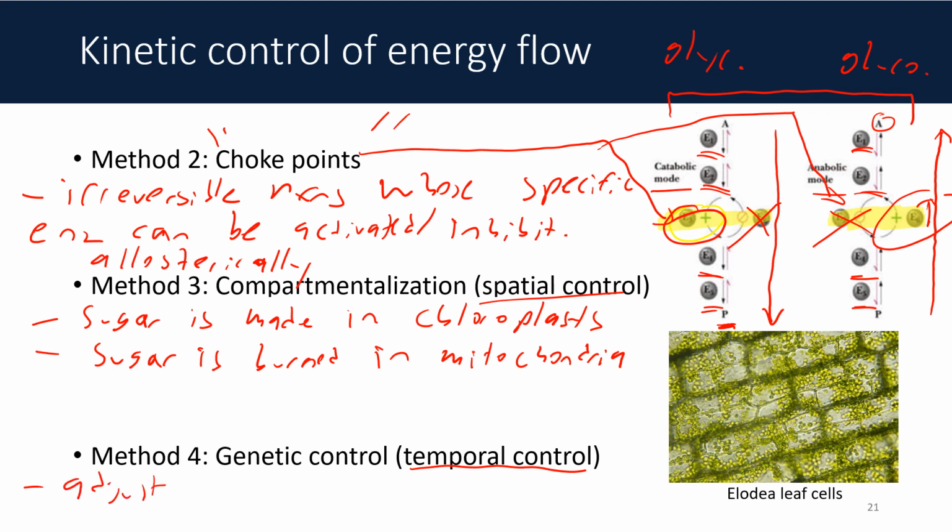Cells can adjust enzyme transcription via signalers. And we will see all of these four methods in action as we delve deeper into carbohydrate and lipid metabolism. So buckle in.